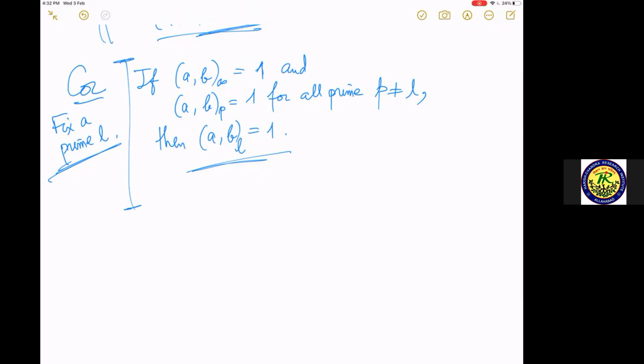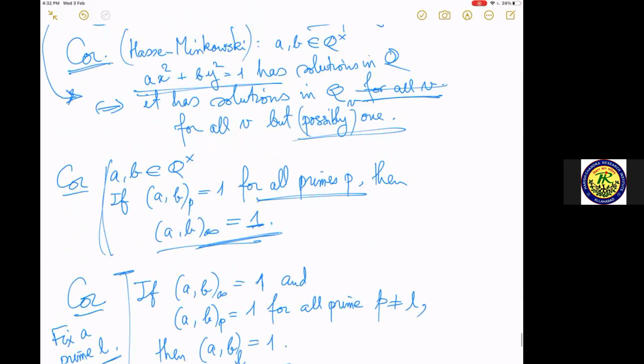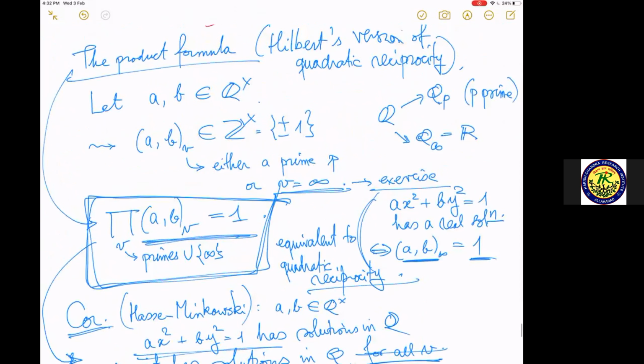Okay. Sorry, it's a good point. I restarted, but I forgot to state it. The product formula is here.